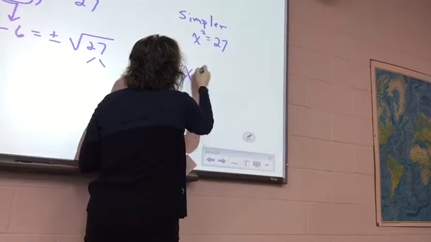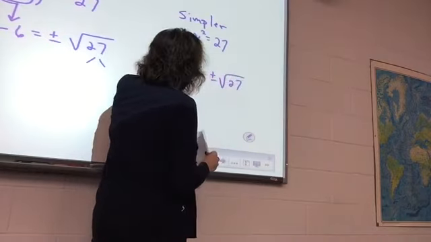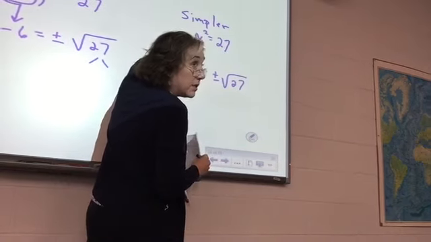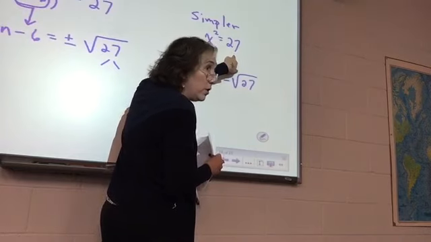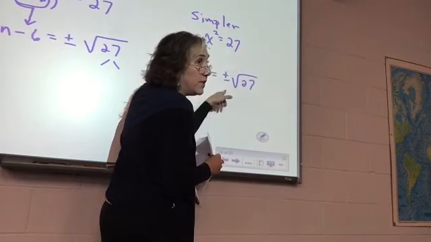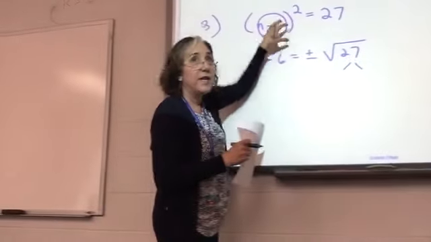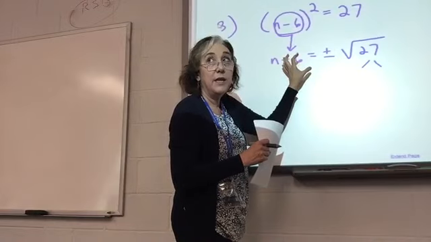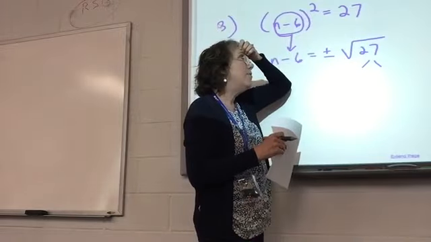We would say, this number squared is 27, so the number x, that's the number that was being squared, is equal to the square root of 27, or its opposite. So what is it that's being squared? It's the n minus 6. You see it? Okay.